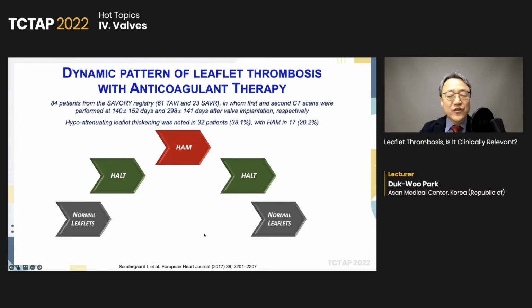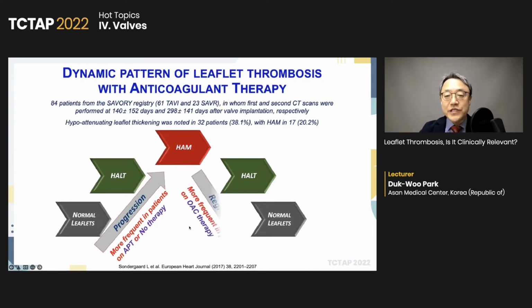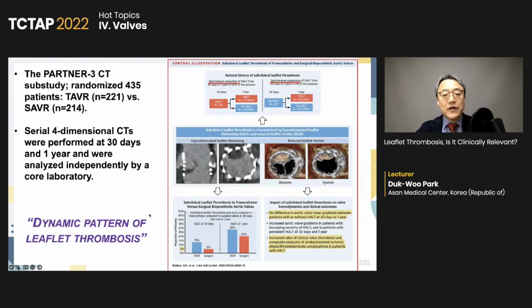Lars Sondergaard reported in the European Heart Journal that leaflet thrombosis with reduced motion is a very dynamic change with the use of antiplatelet therapy. The incidence of HALT increased, and with the use of anticoagulation, normal regression is much more common. This is the report from Raj Makkar, the PARTNER 3 study. The overall finding is similar.